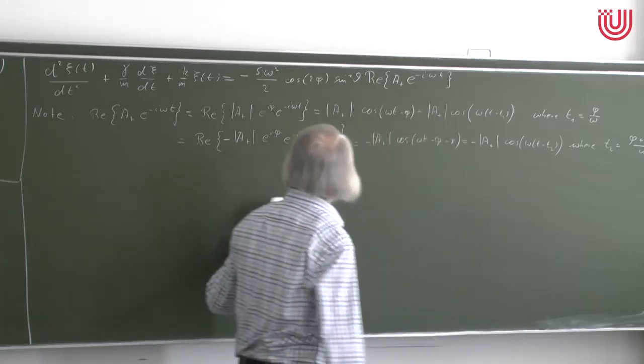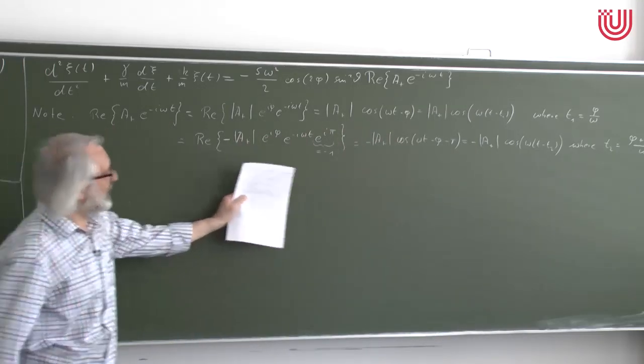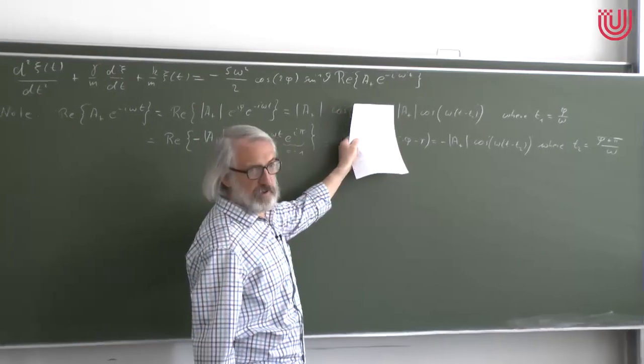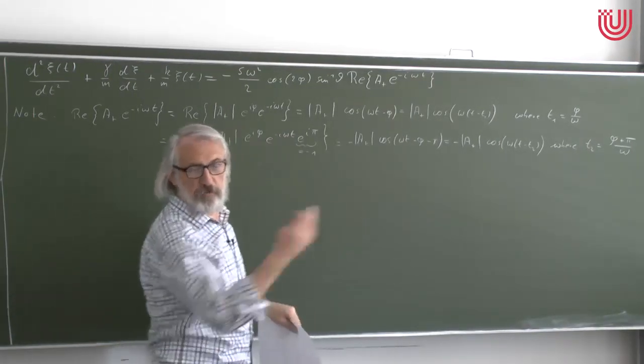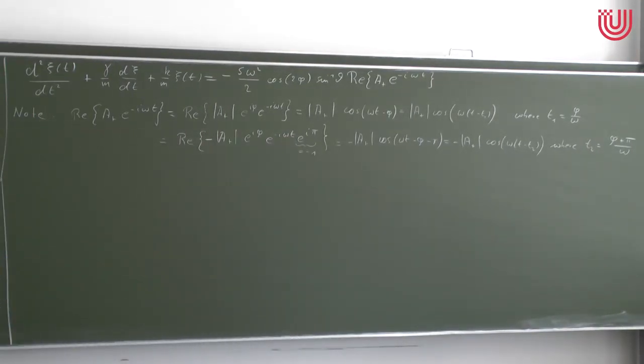So you shouldn't be confused if you see this equation sometimes with a minus sign and sometimes without the minus sign. Yeah? It is just a matter of where you put the 0 of your time axis. So this is just a matter of convention.